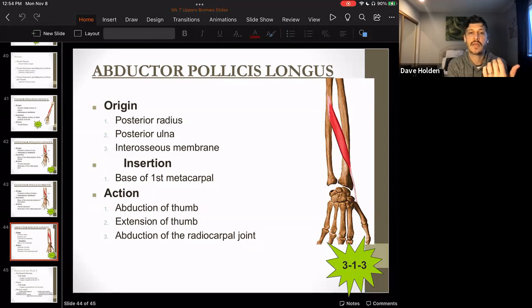Insertion: base of the first metacarpal. That is going to be right there, just off the wrist. So this muscle will abduct the thumb. It will also extend the thumb, and it will abduct the radiocarpal joint, which again, as we've said, is radial deviation.